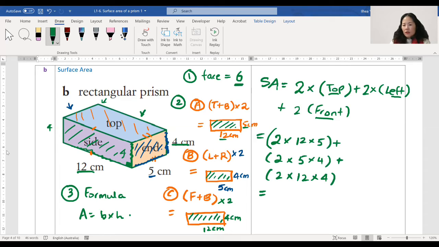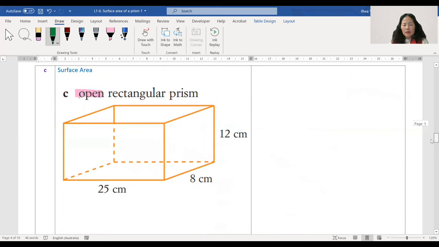If I put all that in my calculator, I will get 120 for this part. You don't have to do it like this, but I just want to show you. And that's my 40, and the last one is my 96. So the total area, the surface area, is 256 centimeters squared.